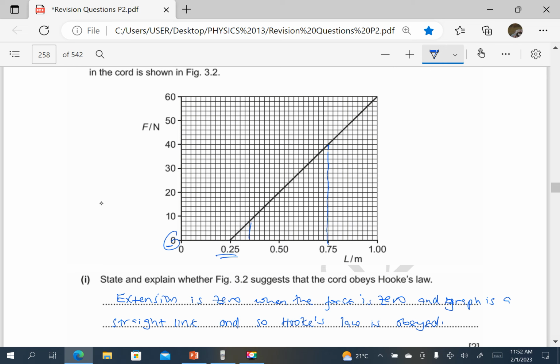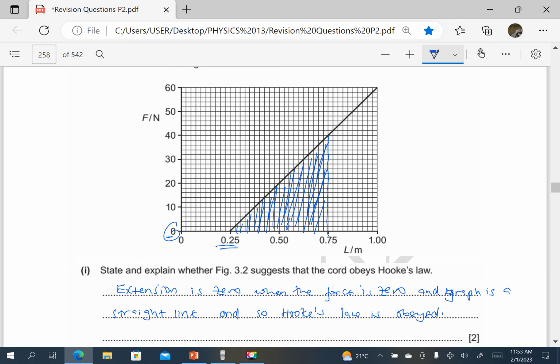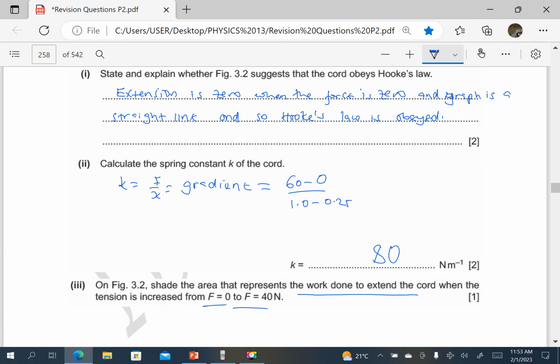So the area under the graph, we shade this part here. So that is the area that we are shading, which represents the work done to extend the cord from F equals 0 to F equals 40 newtons.